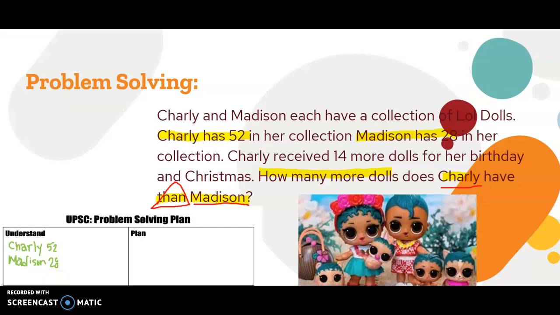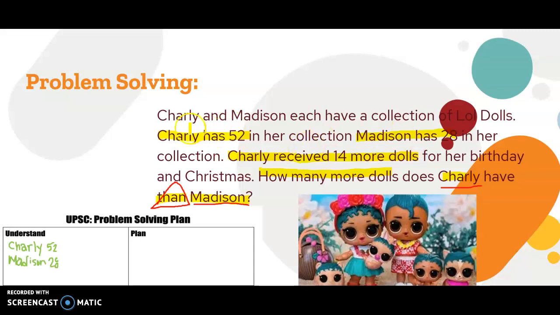Am I missing any more information? I am. If you're saying yes, you are, because there's some more information here that I am going to need to help me solve my problem. So I also need to include that Charlie received 14 more dolls.